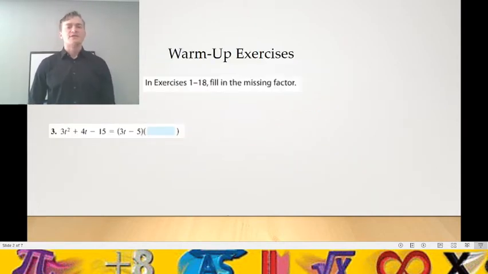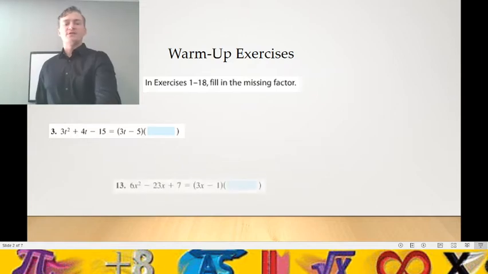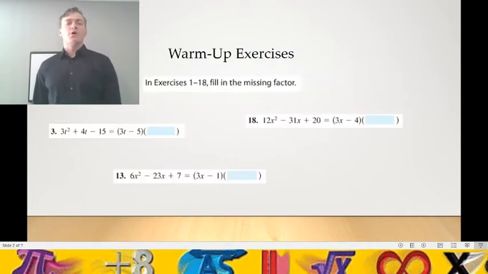Some warm-up exercises here. For the following exercises, we want to fill in the missing factor. Recall from the last section, we looked at trinomials as the product of two binomials. For example, number 3, the trinomial ax squared plus bx plus c is defined using the variable t, where our value for a is 3, the value of b is 4, and the value of c is negative 15.